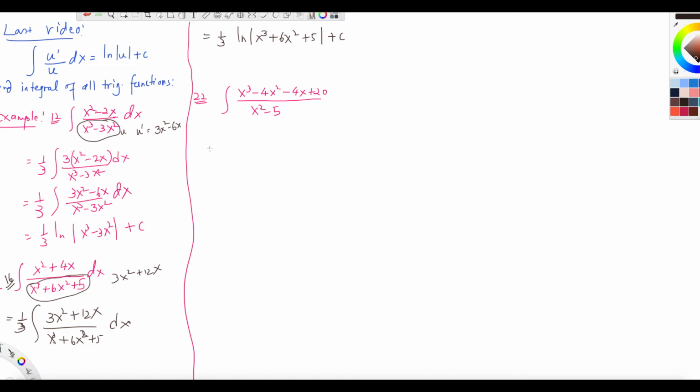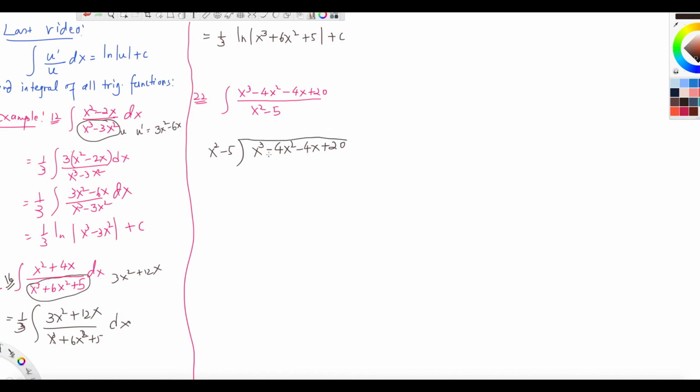Okay, so x squared minus 5 is the divisor, and x cubed minus 4x squared minus 4x plus 20 is the dividend, right?